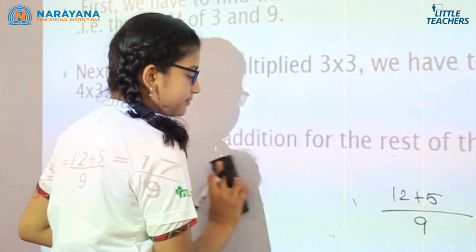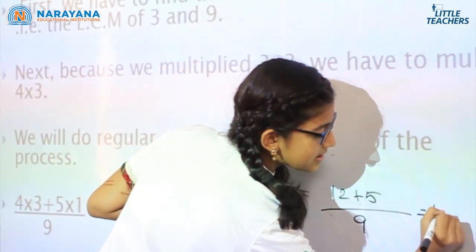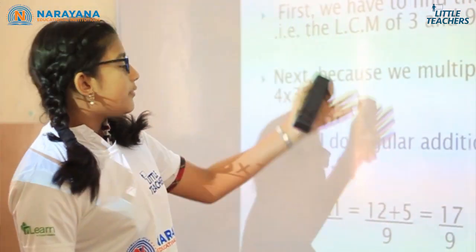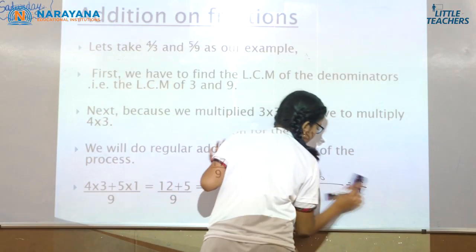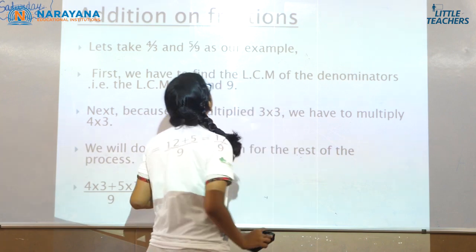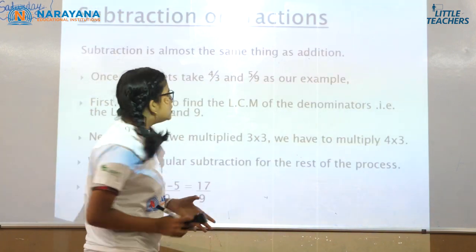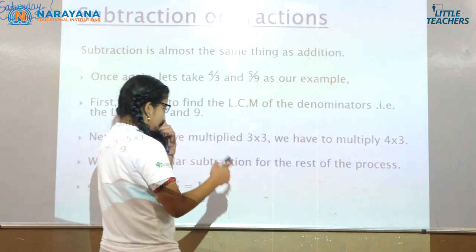When we add this, we will get our answer as 17 by 9. So, this is how we add fractions. Now, on subtraction of fractions, it's the same method, except we will take it as subtraction.